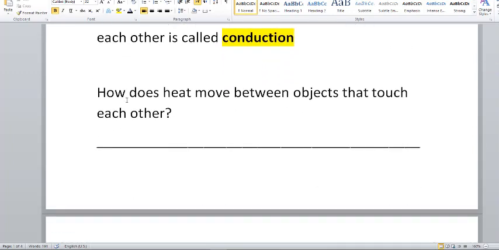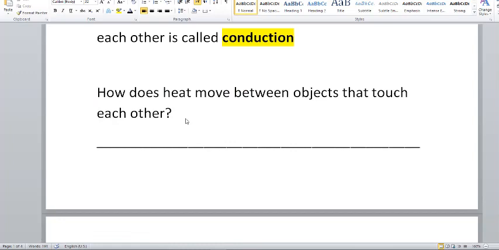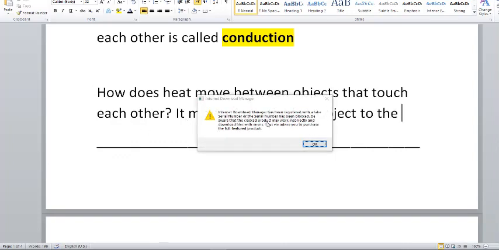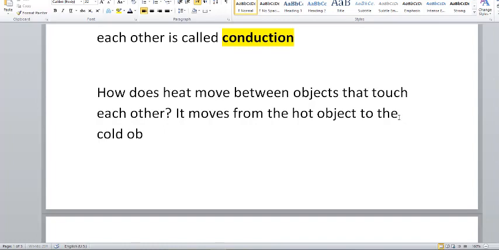Now let's see. How does heat move between two objects that touch each other? It moves from the hot object to the cold object.